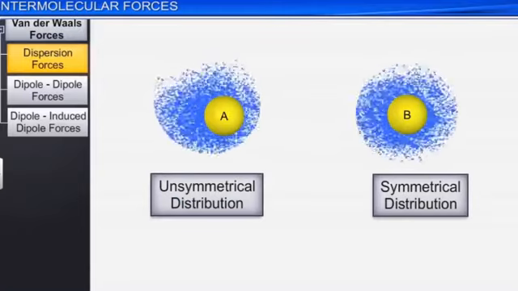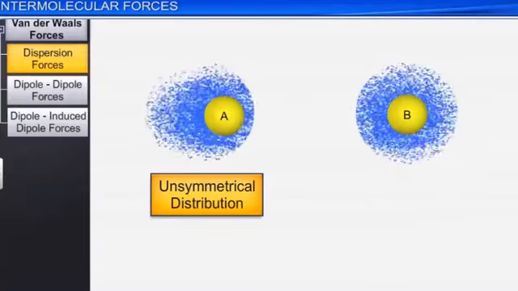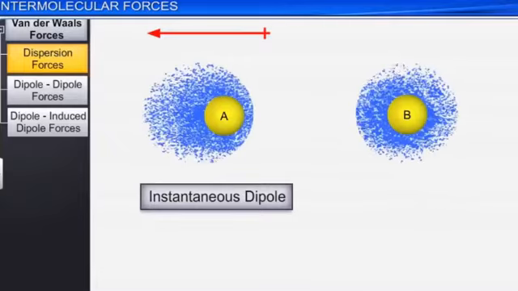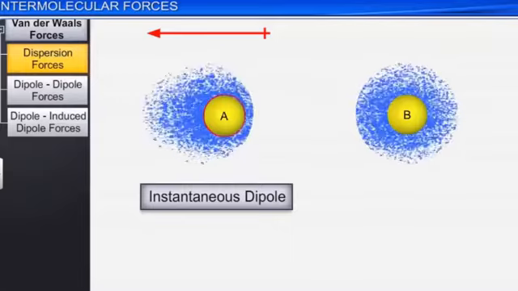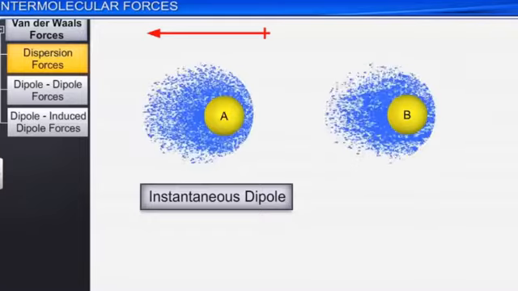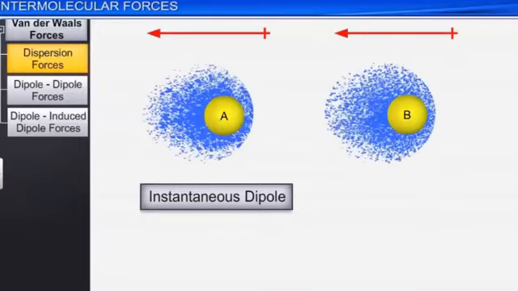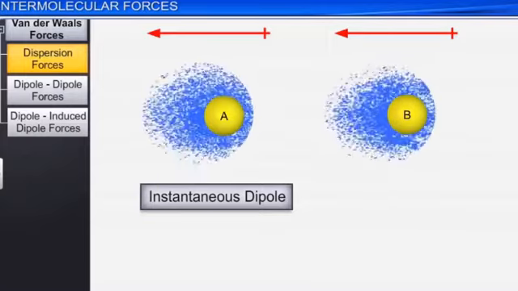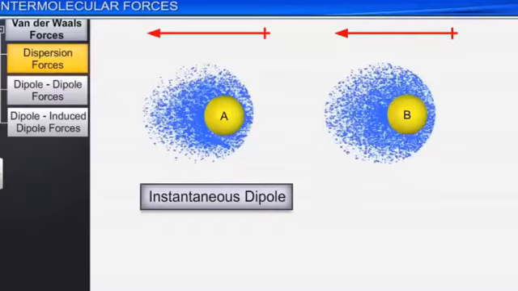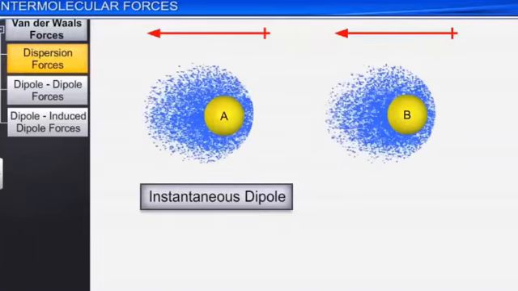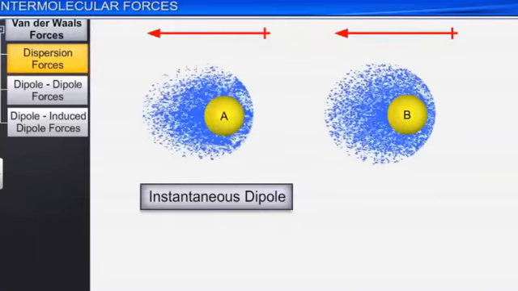Due to the unsymmetrical distribution of the electron cloud, an instantaneous dipole is developed on the atom A. This instantaneous or transient dipole distorts the electron cloud on the other atom, that is, atom B, which is close to it. As a result of this, a dipole is induced in the atom B. The temporary dipoles of atom A and B attract each other. This force of attraction between the two temporary dipoles is known as dispersion force or London force.